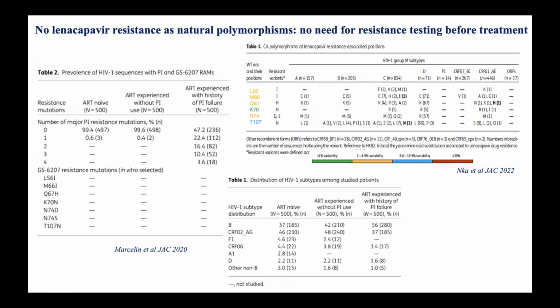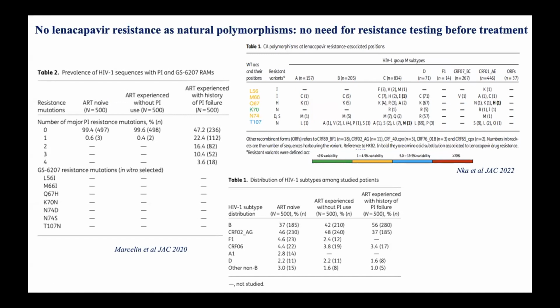An important message is that we don't need so far to do baseline resistance testing for lenacapavir, because even if the capsid is quite polymorphic, there is no natural resistance. These are two studies published: with 1,500 individuals in France, and a recent paper in Cameroon, in collaboration with us, where they retrieved more than 2,000 sequences of drug-naive individuals.